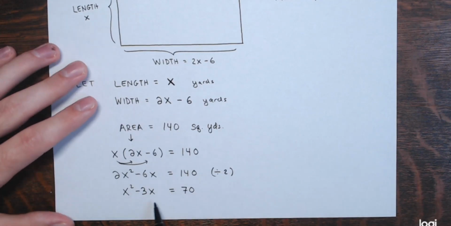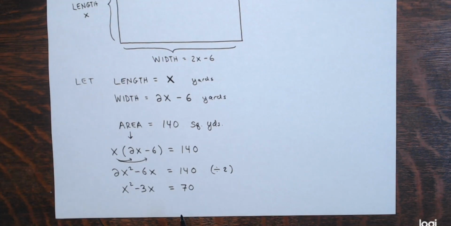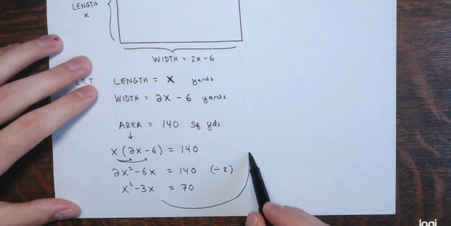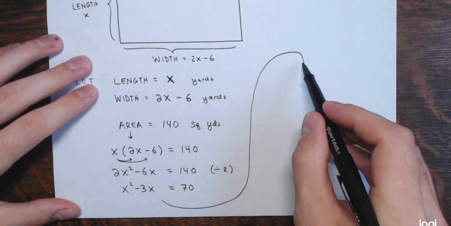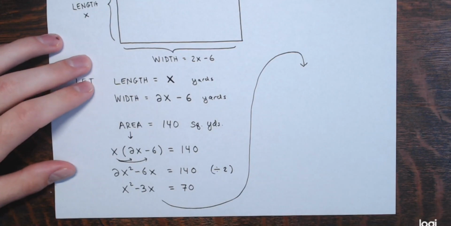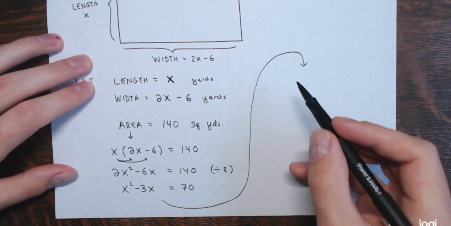And you can solve this by completing the square. You take 70 away and use the quadratic formula. Take this up here, sorry. I'm going to take away 70, and this is actually one we can solve by factoring.